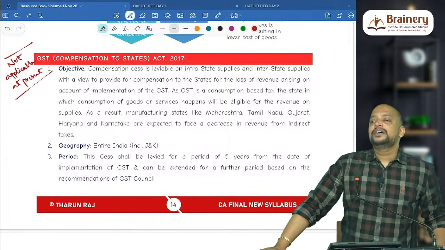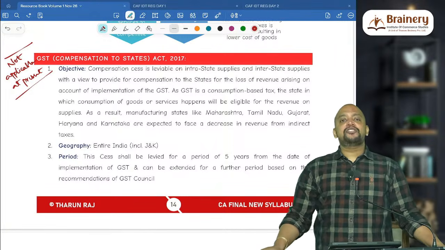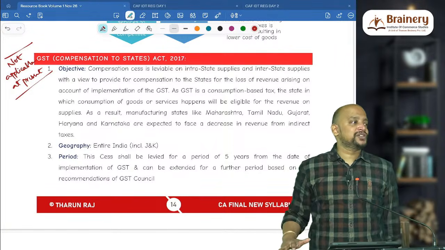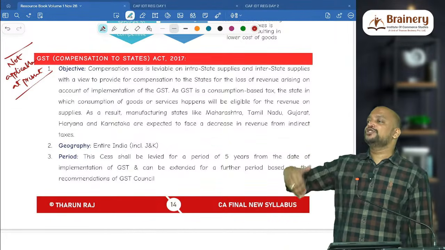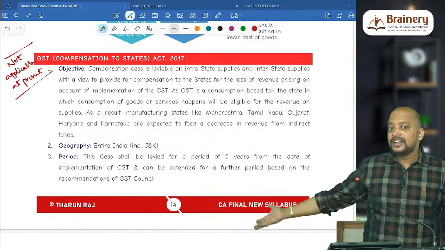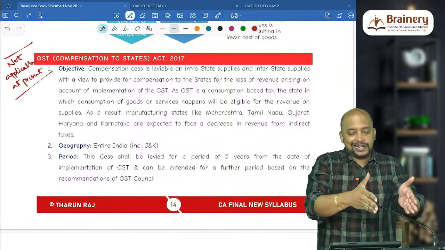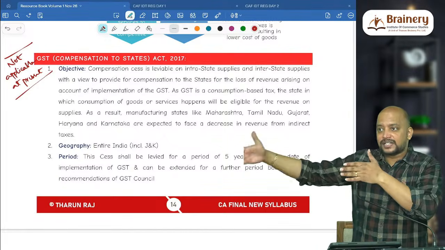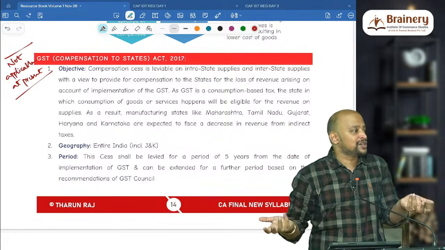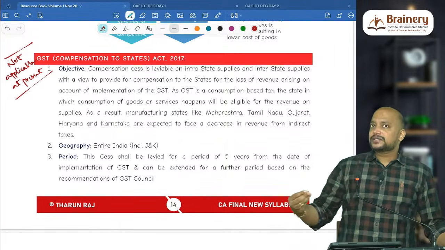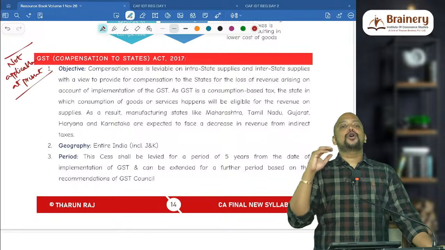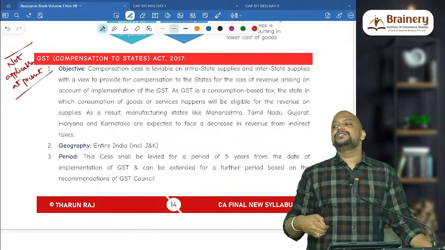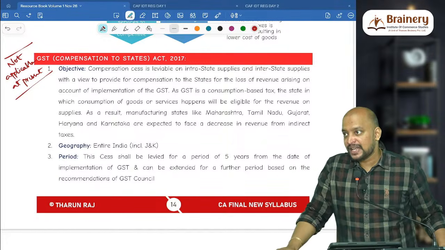If you take Tamil Nadu, which is a manufacturing state, lot of goods are manufactured in Tamil Nadu, and not everything is consumed in Tamil Nadu, it will be consumed in the neighboring states. If you move from originating state tax to destination tax, Tamil Nadu government is not going to get much revenue. So like this, some producing states may suffer because of implementation of GST.